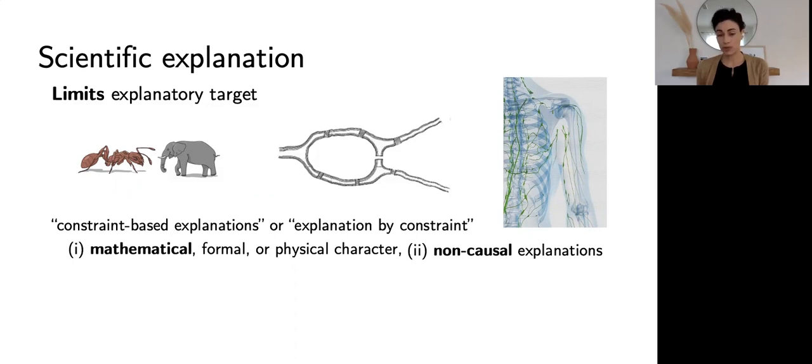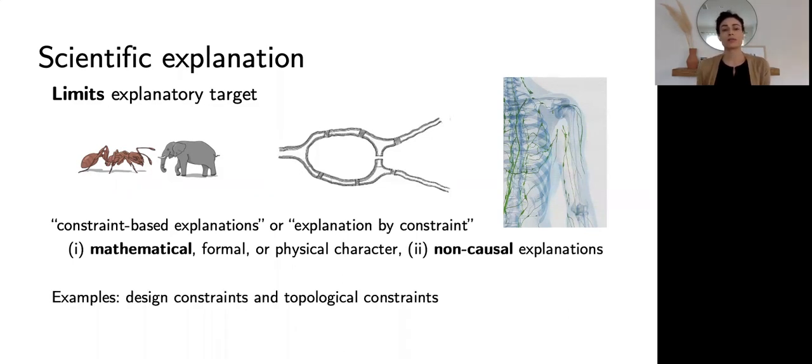Two types of constraints that are often discussed in this work include design and topological constraints. Design constraints limit the process of creating a final product, such as the development of a species in biology or the manufacture of products in an engineering context.